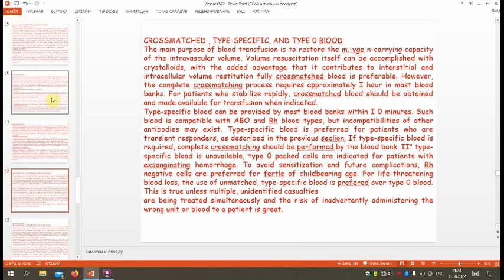This is true unless multiple unidentified casualties are being treated simultaneously and the risk of inadvertently administering the wrong unit of blood to a patient is great.